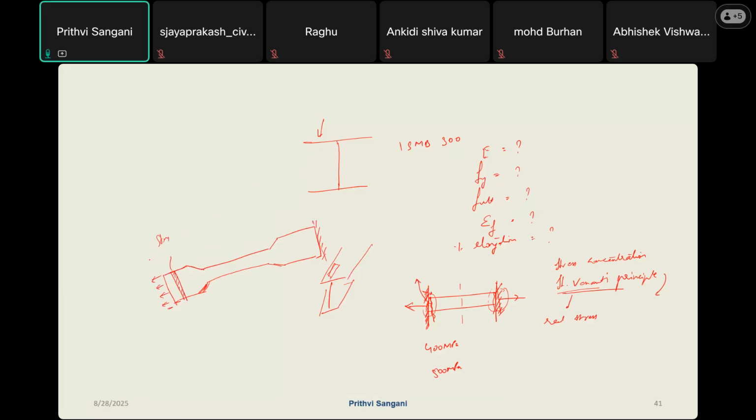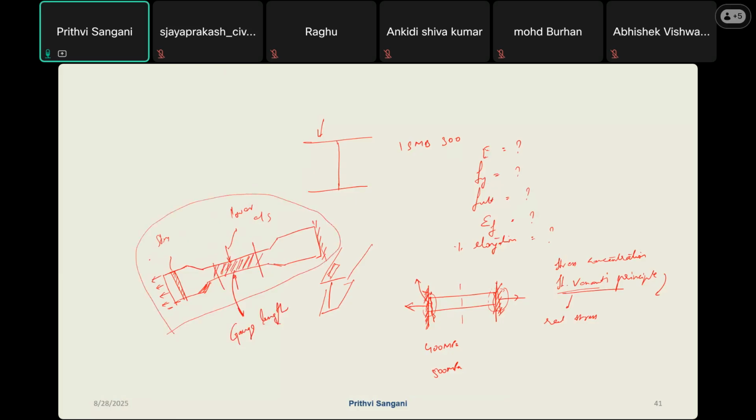Then slowly you transition to a lower cross section, and here you will have a uniform stress. This will be a uniform stress zone, and this part we call the gauge length. The code has given the dimensions of what these coupons should be.